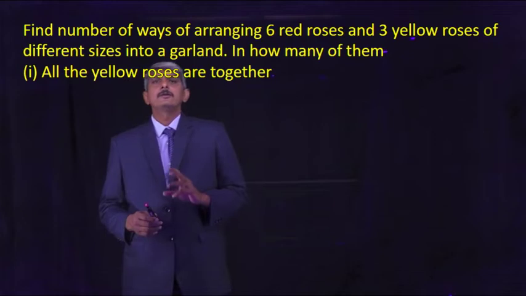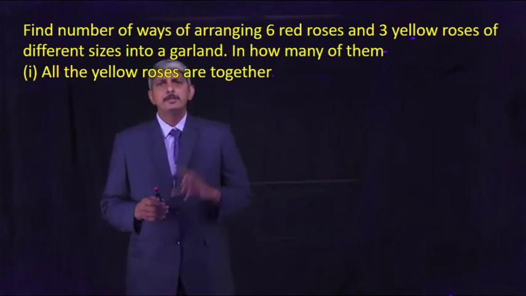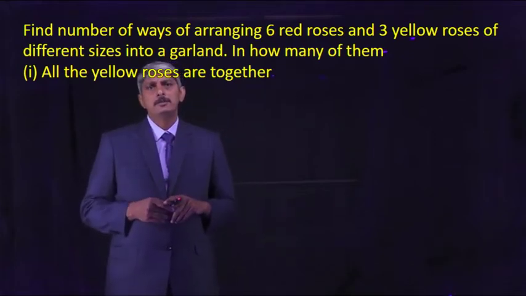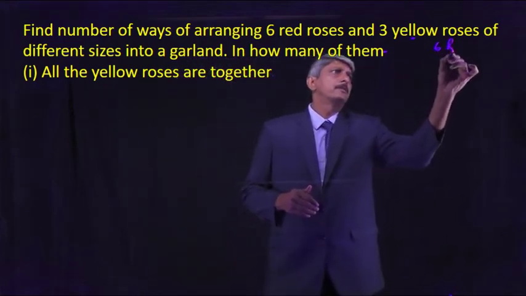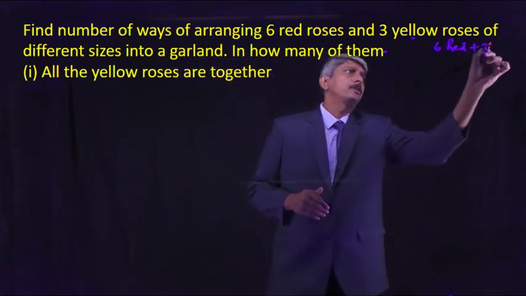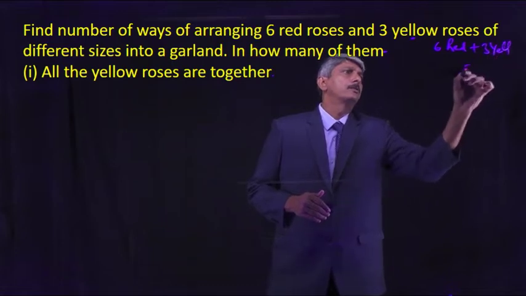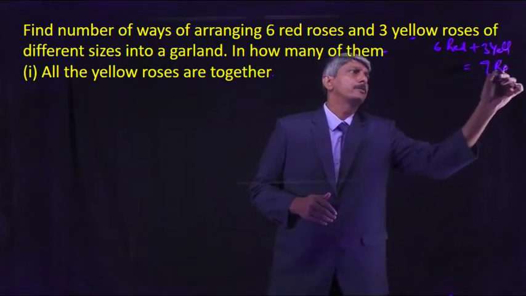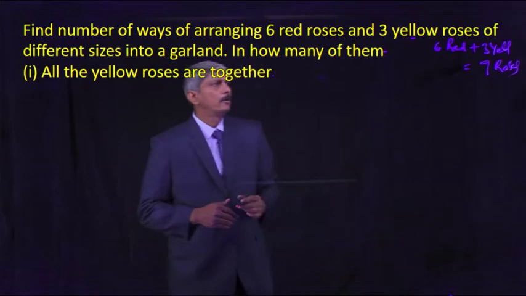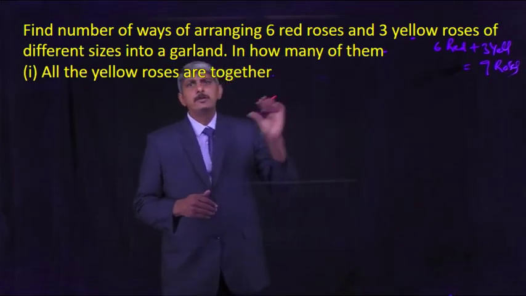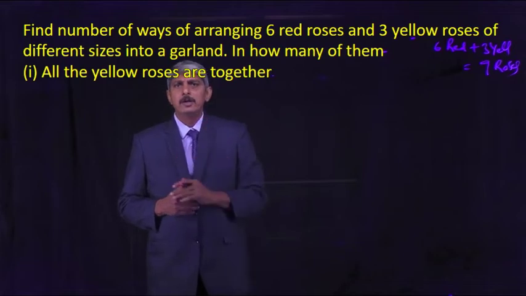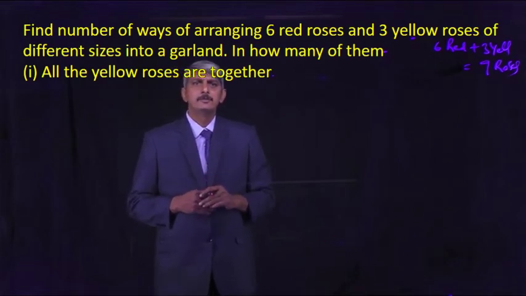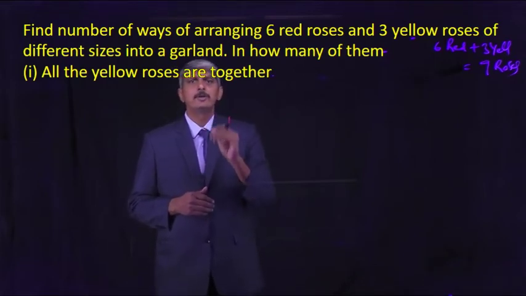So here there are 6 red roses plus 3 yellow roses. Totally we have 9 roses. Now these 9 roses can be arranged in the form of a garland. How many ways? 9 minus 1 factorial divided by 2.